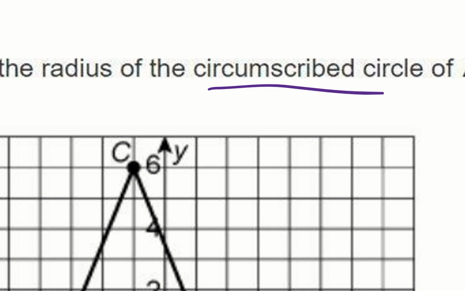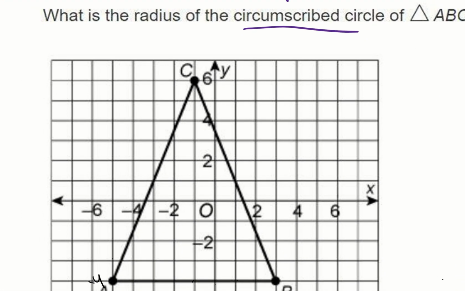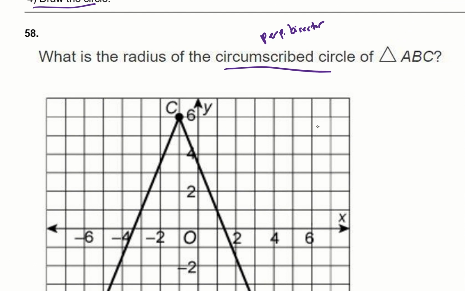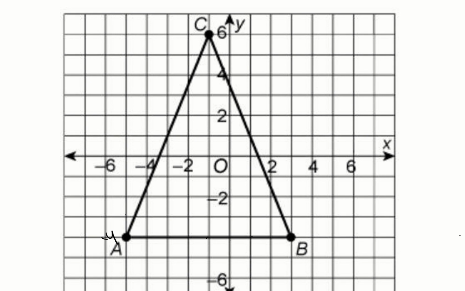So circumscribed circle means we need to find the perpendicular bisector. All right, so let's go ahead and do that. And then once we do the perpendicular bisector, we're able to find the circumcenter, and therefore we can find the radius of the circle.